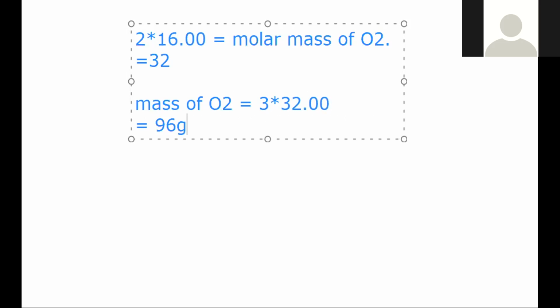So we find the molar mass of oxygen, which is 16.00. We times that by 2 because it's O2, which gives us the mass of 1 mole of O2. It says there's 3, so we times 32 by 3, and we get 96.